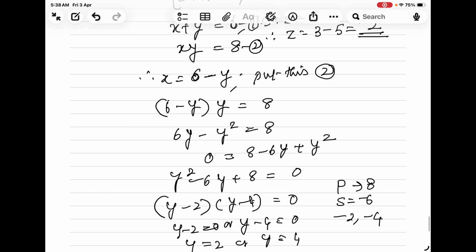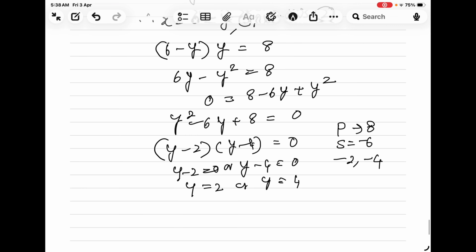Therefore, we can take X equal to 6 minus Y. For Y equal to 2, X equal to 6 minus 2, that's equal to 4.